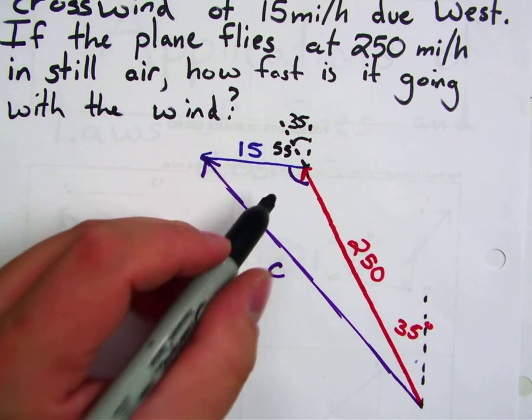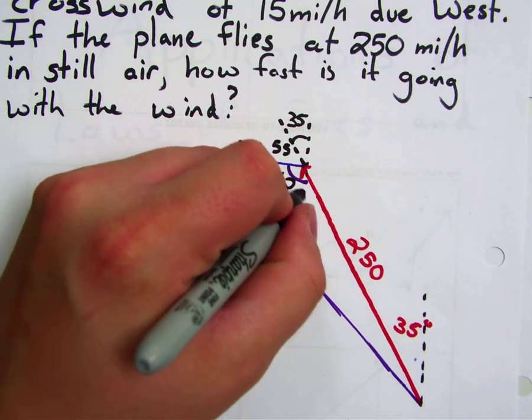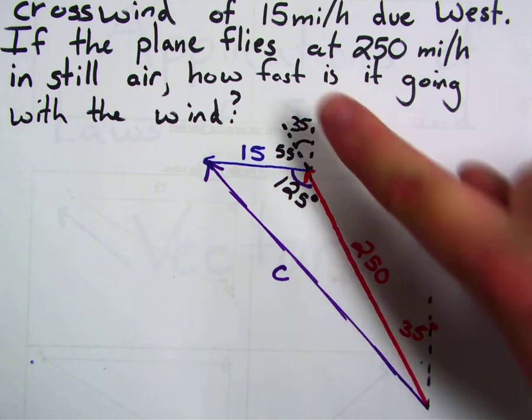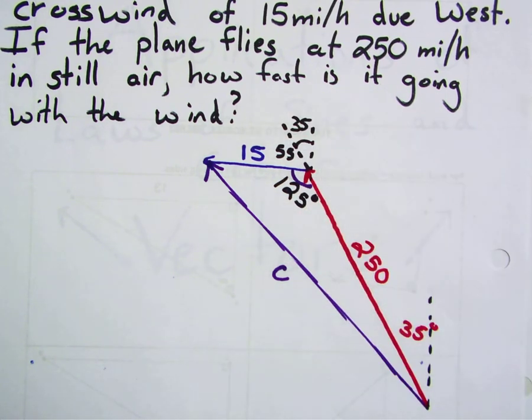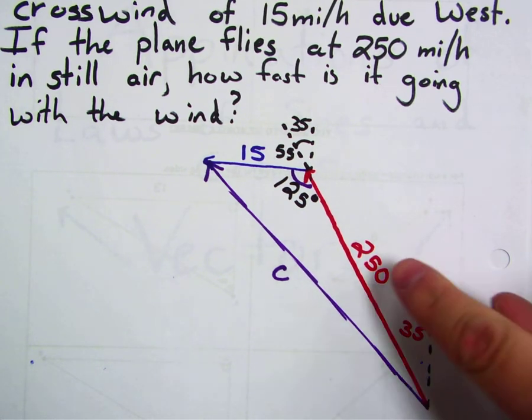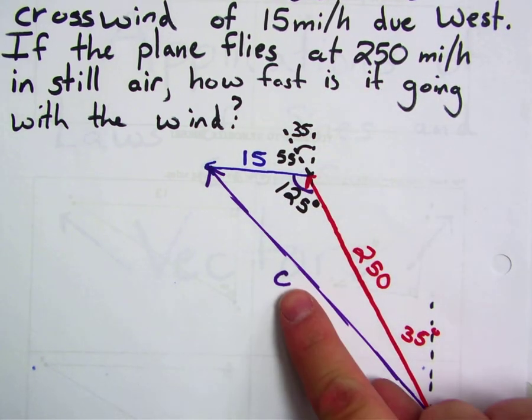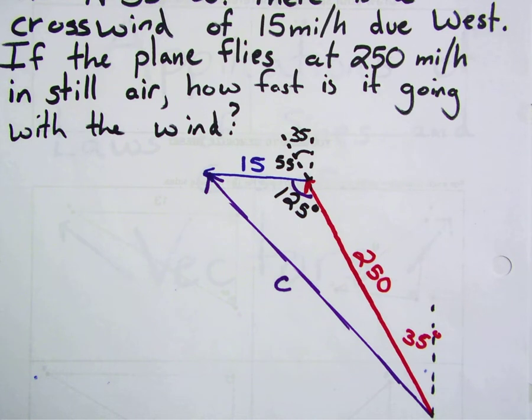So I can subtract from 180, and I know my angle in here is going to be 125 degrees. Those would be corresponding angles. A lot of times we'll be using alternate interior angles to figure out what direction you're going to be going in. So now that we have two sides and the angle in between, that SAS condition, we can find our third side by using the law of cosines.